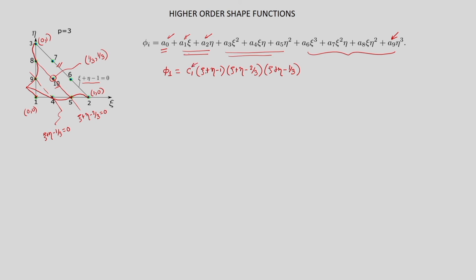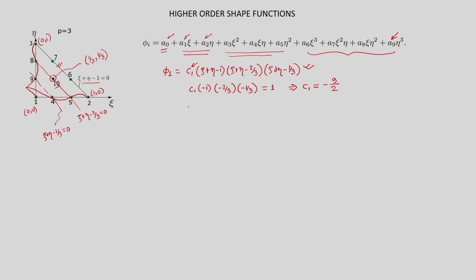At node 1, that is at xi equal to 0, eta equal to 0, C1 times minus 1 minus 2 by 3 minus 1 by 3 should be equal to 1. That renders C1 as minus 9 by 2. So that is how I can define the shape function phi 1.